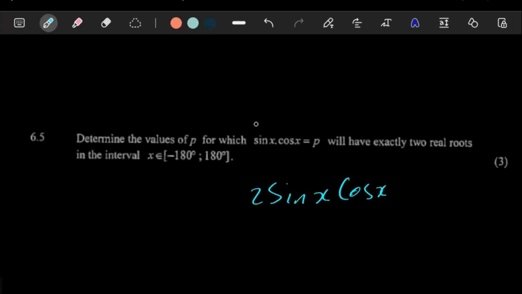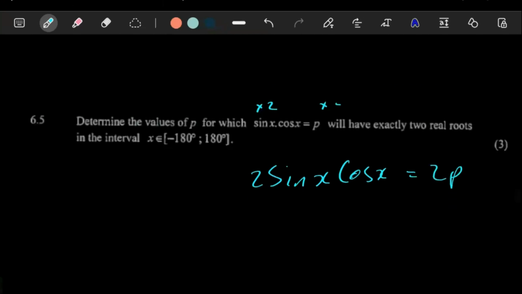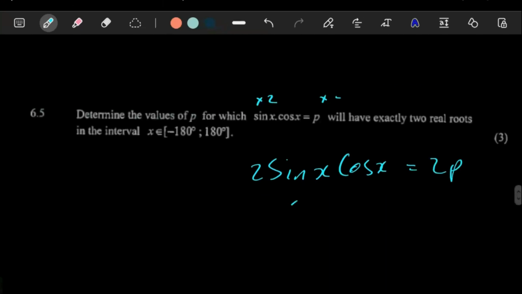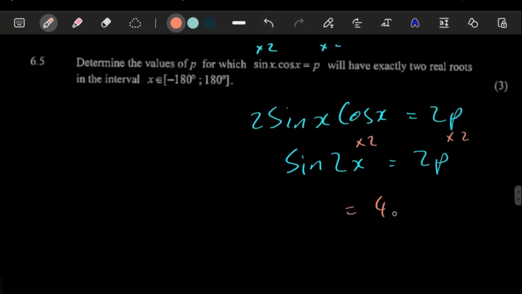If you multiply this side by 2 and you multiply this side by 2, you're going to have 2p here, right? And then obviously here you're going to get sine 2x is equal to 2p. And then for you to end up with the equation of sine, you have to multiply by 2 on this side again, and on this side also, which is going to be 4p. And then this is like 2 sine 2x.